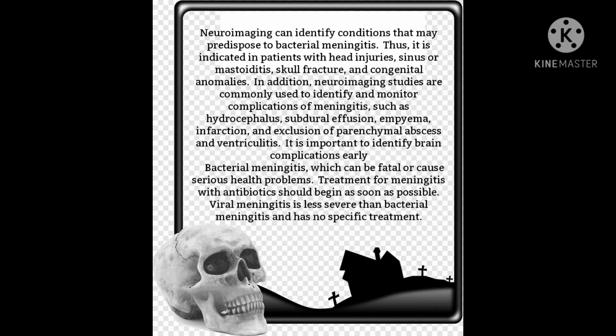Neuroimaging can identify conditions that may predispose to bacterial meningitis, such as head injuries, sinusitis or mastoiditis, skull fracture, and congenital anomalies. Neuroimaging studies are commonly used to identify and monitor complications of meningitis, such as epidural and subdural infection, empyema, and to exclude parenchymal abscesses and ventriculitis.